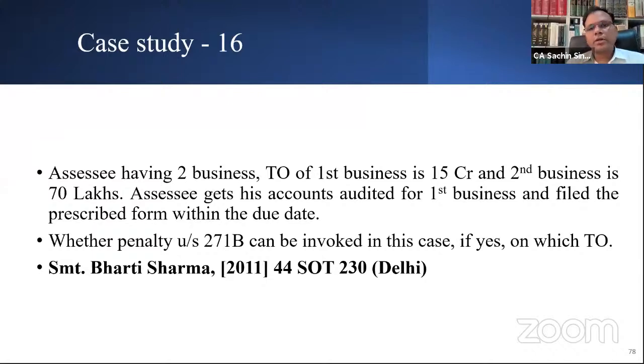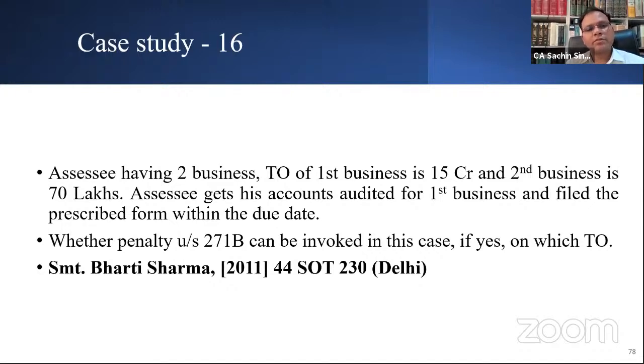The SSC gets his accounts audited for the first business but fails to file the prescribed form within the due date. So for the first business, that is for 15 crore, he has done everything. But for the second business, where the turnover was 70 lakh, he missed this compliance.